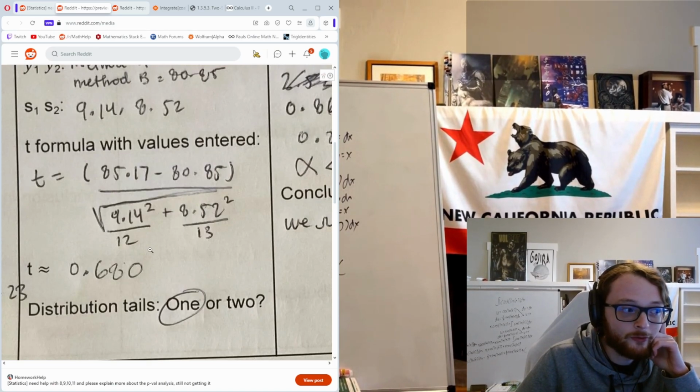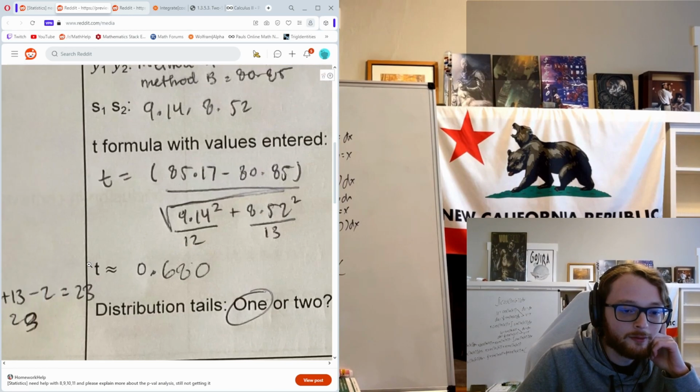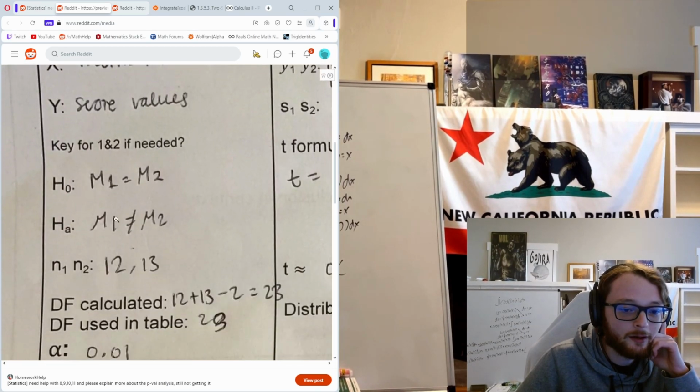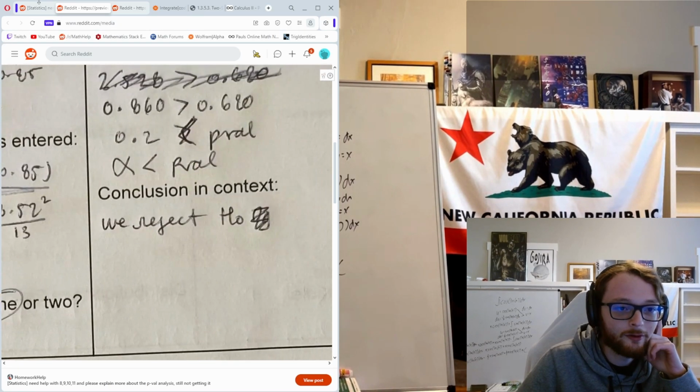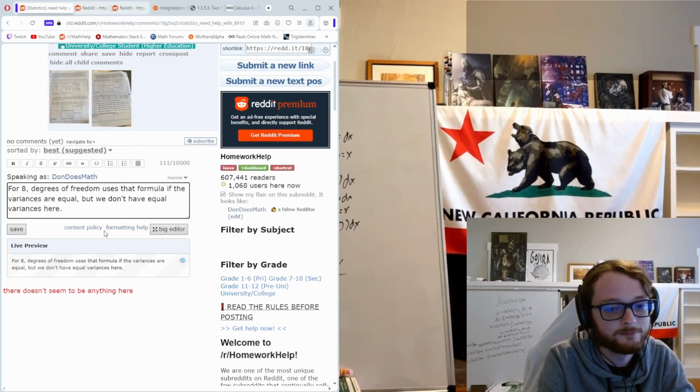Okay, so they're doing a two-sample t-test here. Their alternative hypothesis was not equals, which means it should be a two-tailed test. Let me jot a note down there.